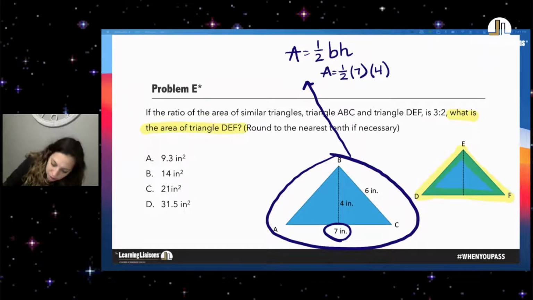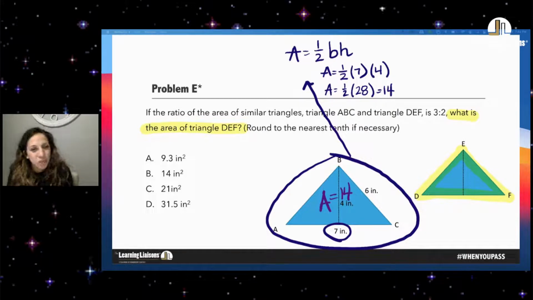So area is going to equal 1/2 times 7 times 4. 7 times 4 is 28, and half of 28 is 14. So the area of this triangle is 14. What am I going to do with that information now?